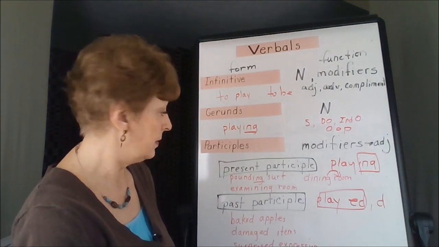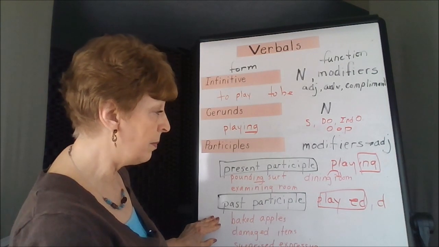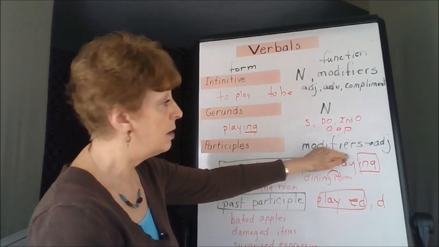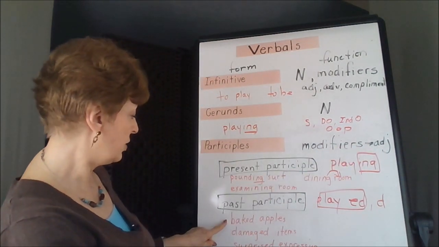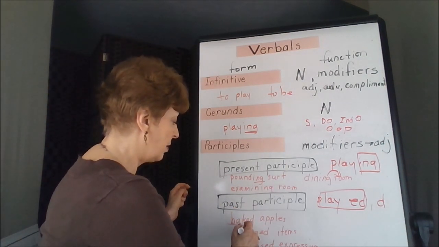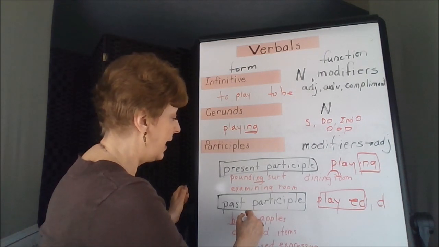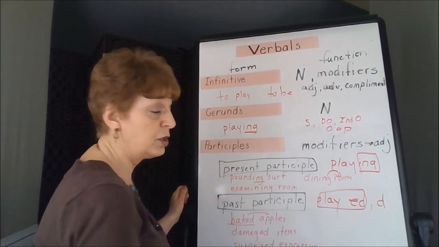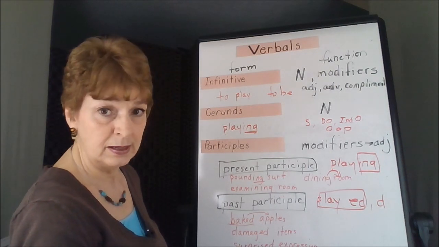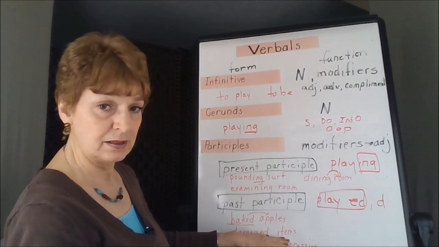Played or danced. The past participle, still being a participle, is a modifier, most likely an adjective. So here we would have like baked apples, because bake is a verb, but if you put the D on it, baked, and then express it as apples, you're really describing the apples. It's an adjective. Damaged items.